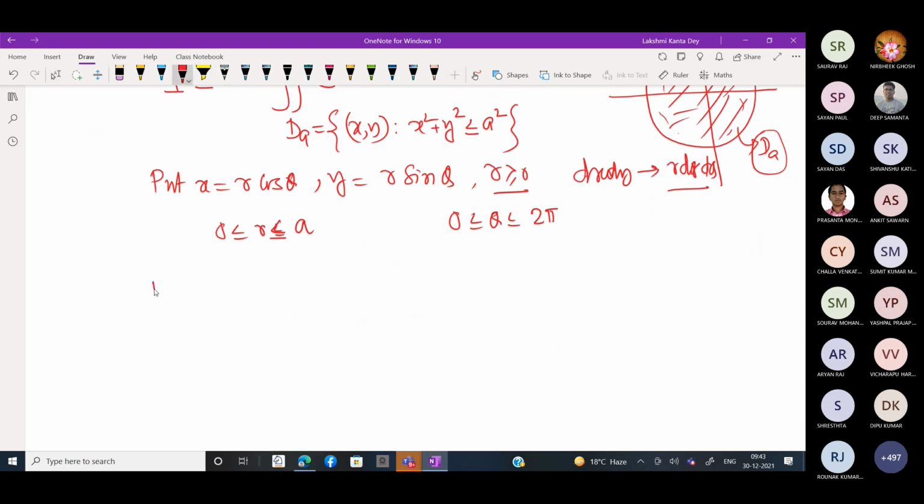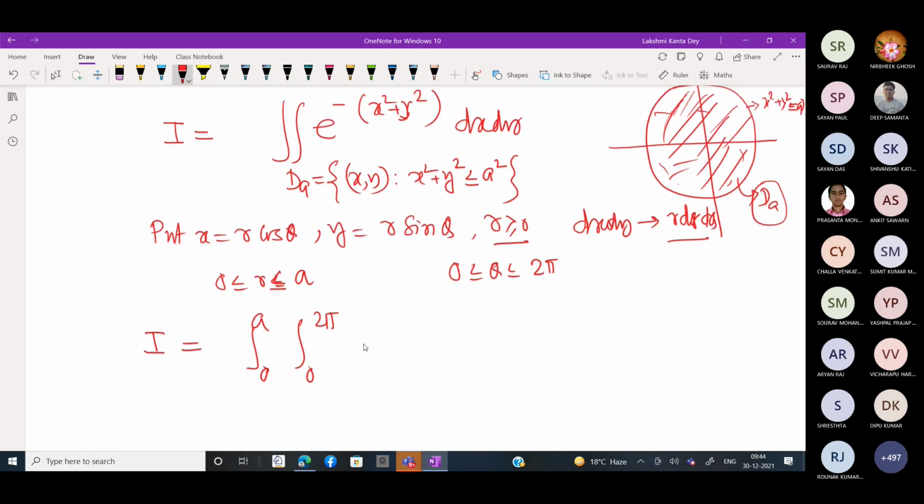So we can calculate this double integration I as the integral from 0 to a, 0 to 2 pi, of e to the power minus r square, r, d theta, and I have to write d theta first, then dr. So 2 pi comes outside, and we have the integral from 0 to a of r e to the power minus r square dr. So this integral becomes very easy.